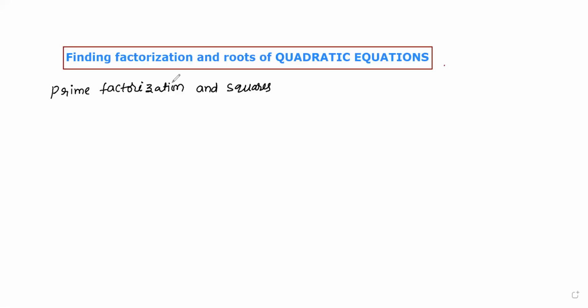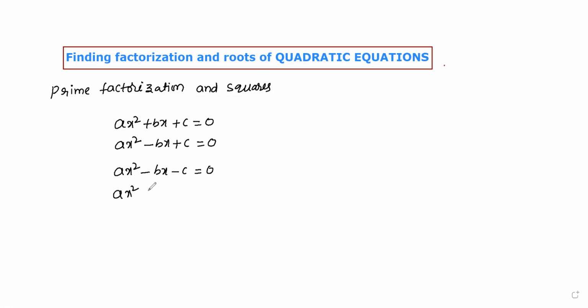In general, quadratic equations are of four types: ax square plus bx plus c is equal to 0, ax square minus bx plus c is equal to 0, ax square minus bx minus c is equal to 0, ax square plus bx minus c is equal to 0.